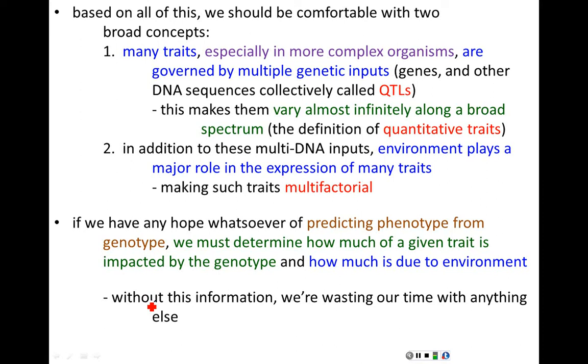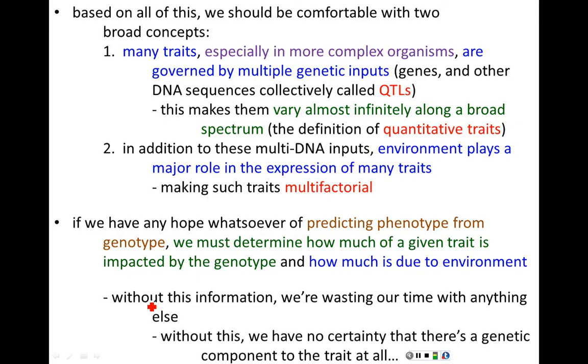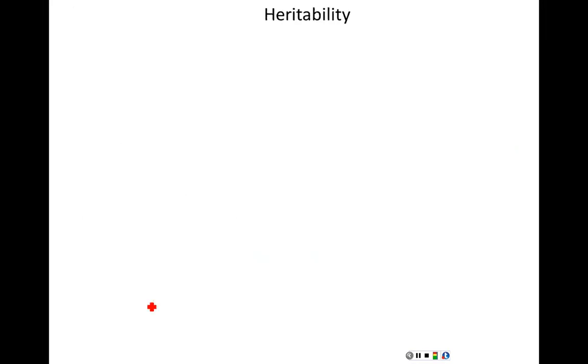Where does the environment affect the trait? In which way does the environment affect the trait? And how much is that effect? What is the proportion of the effect that the environment has? Without knowing that, there's no certainty at all whether there's a genetic component to the trait to begin with.